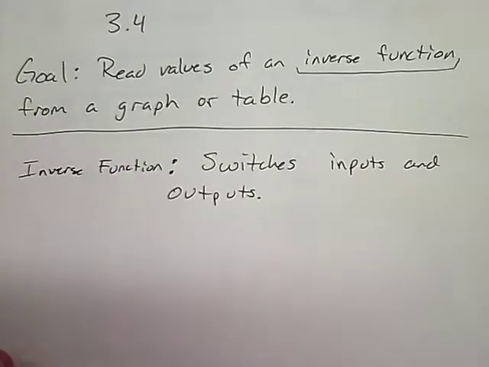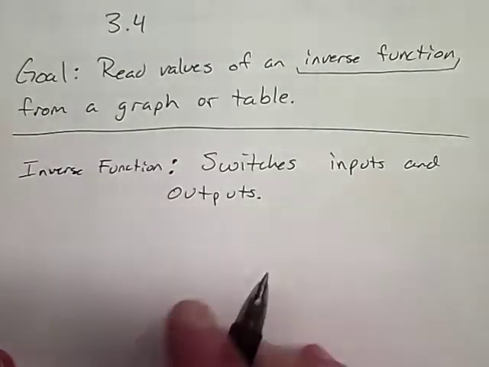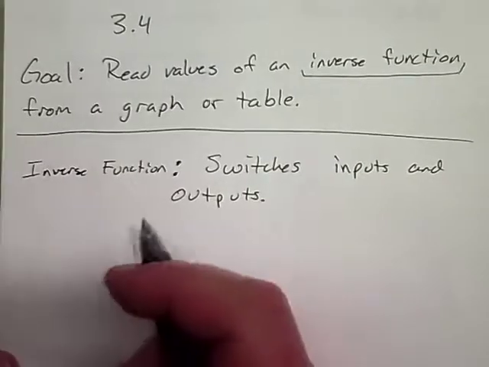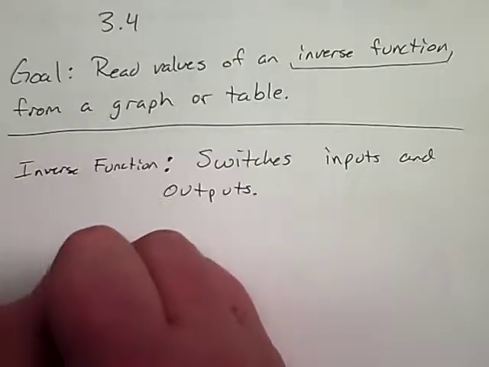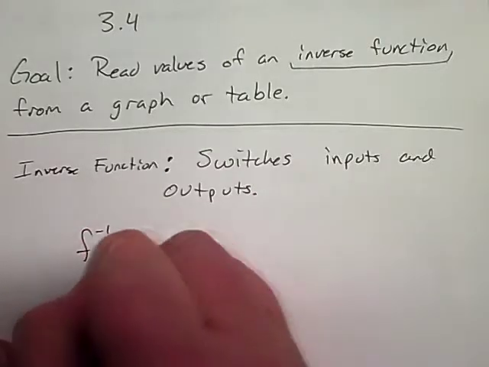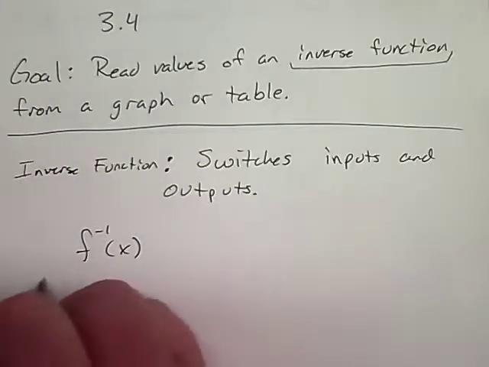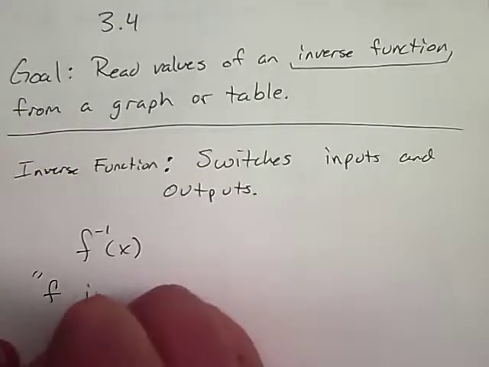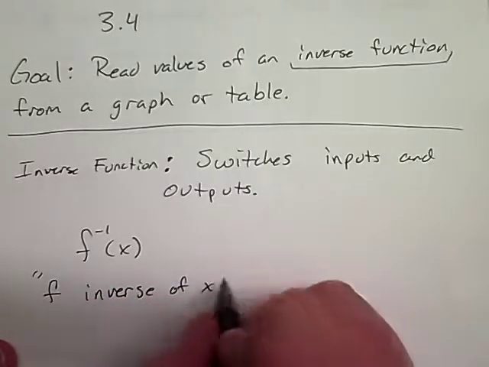All right. So we're gonna take a look at how that is in a little bit. But I want to show you the notation here. For an inverse function, we're gonna write it like this. We're gonna say f inverse of x, and we say this as f inverse of x.